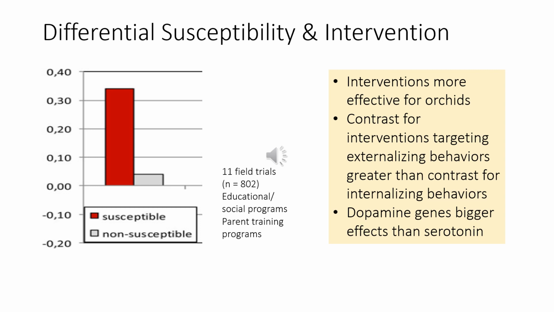There were greater differences for interventions targeting externalizing behaviors, things like substance use or violence, than internalizing, which is anxiety and depression, and bigger differences between the orchids and dandelions if you were looking at dopamine genes versus serotonin genes.